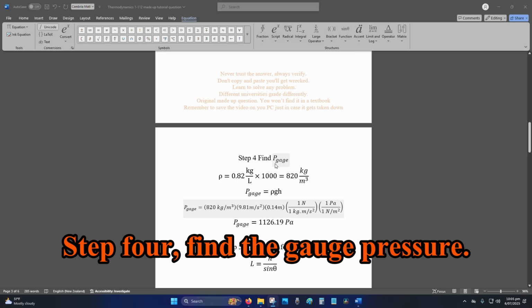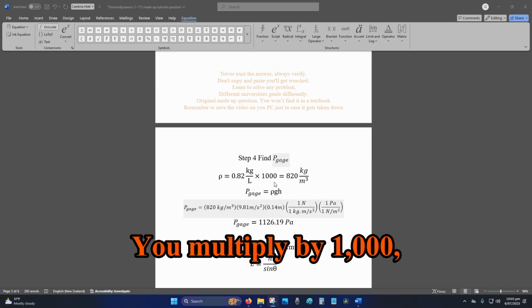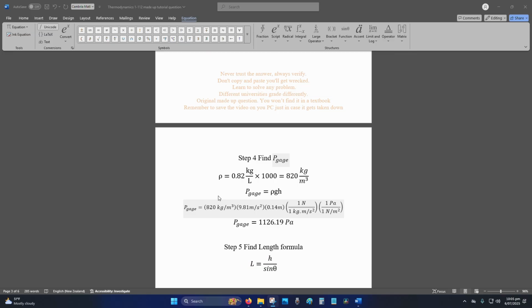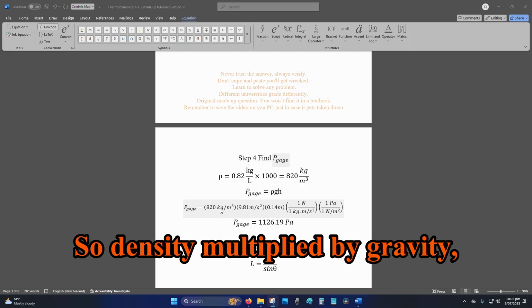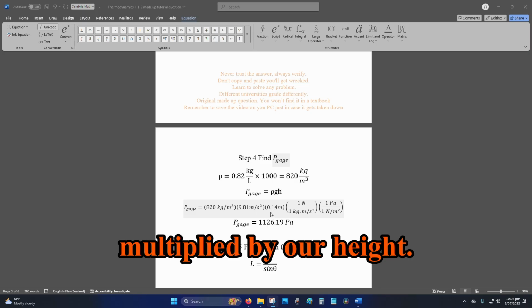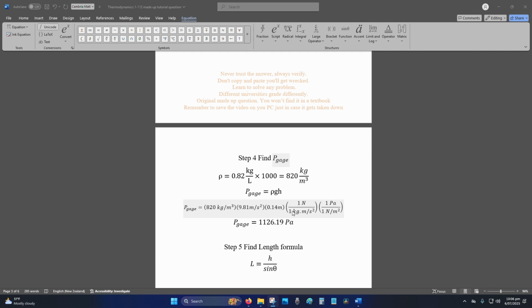Step 4, find the gauge pressure. So first of all, convert your density. You multiply by 1,000. You'll get 820 kilograms per meter cubed. And now we just plug and play. So density multiplied by gravity, 9.81 meters per second squared, multiplied by our height, so we convert 14 centimeters into meters by dividing by 100.